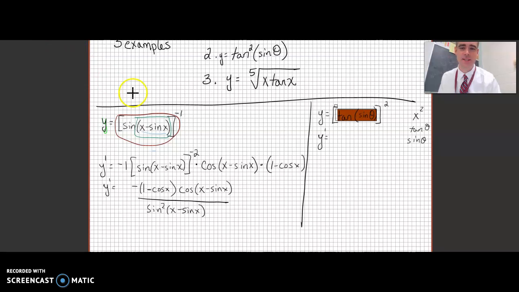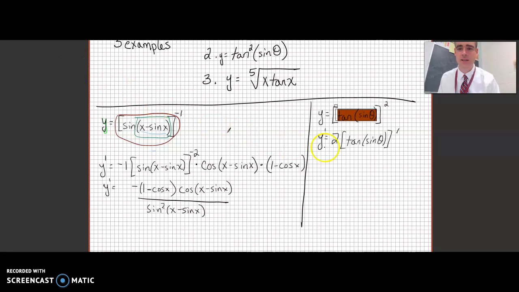So let's go ahead and put that down. If I take this derivative, I'm going to have two times the tangent of sine theta to the first power. Now what am I going to multiply that by? What do I have to multiply it by?